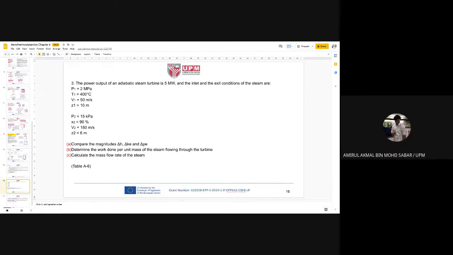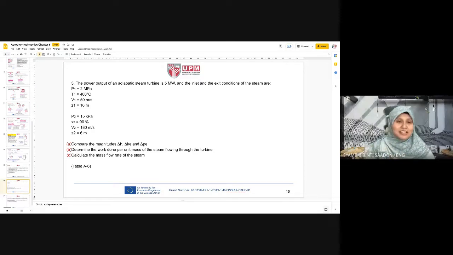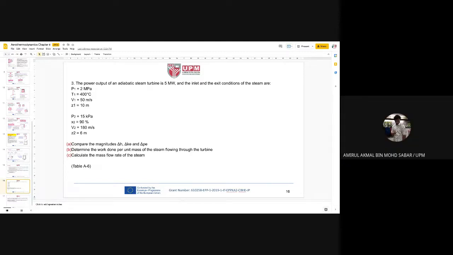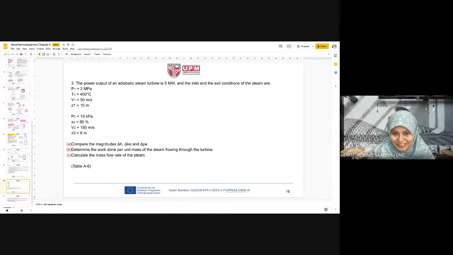I forgot. Just a bit of hint, something like this: whether it's evaporation, boiling, condensation, compression, expansion, or any other thing. In the turbine, right? Yes, turbine. Is it compression? No, not compression.